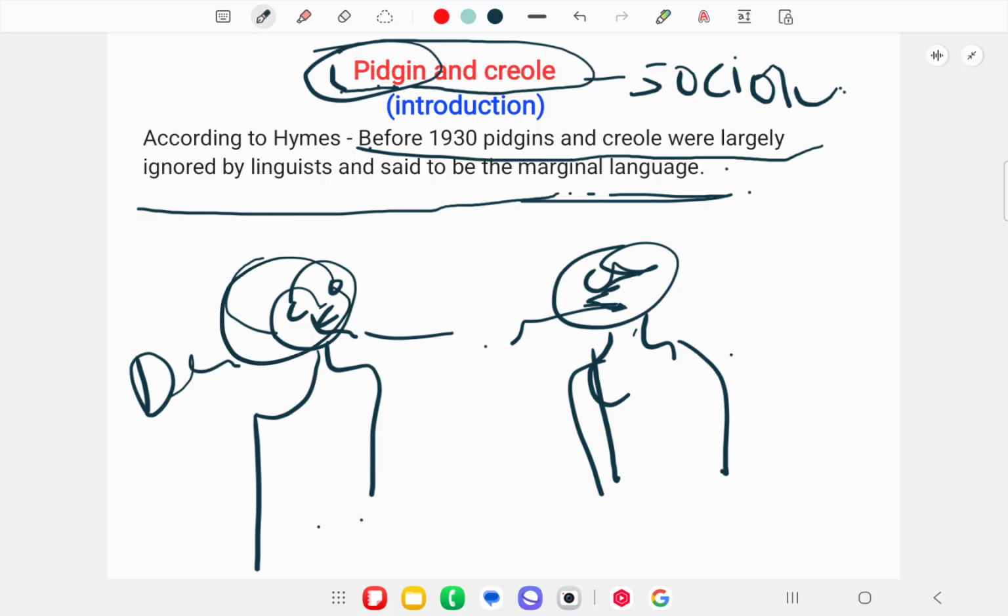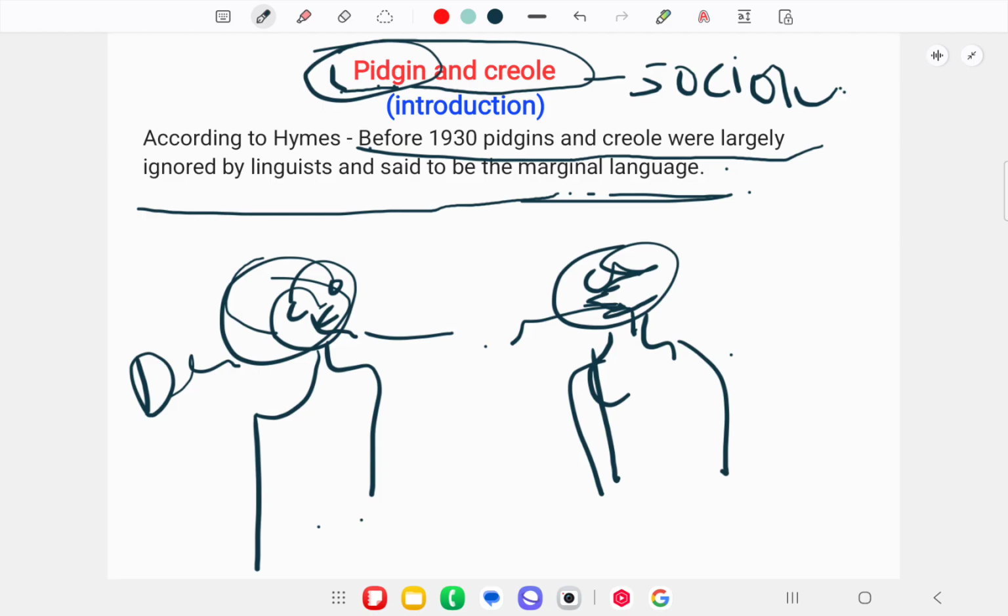This person has one language, and that person has a different language. Both know only their native language, so there is no communication between them.